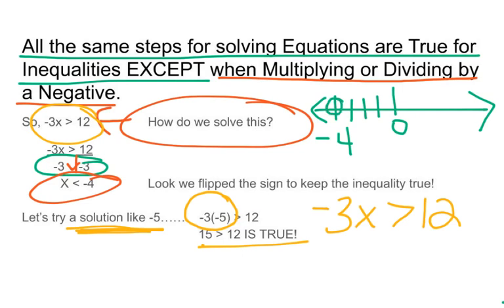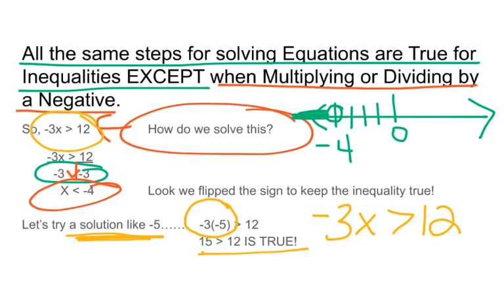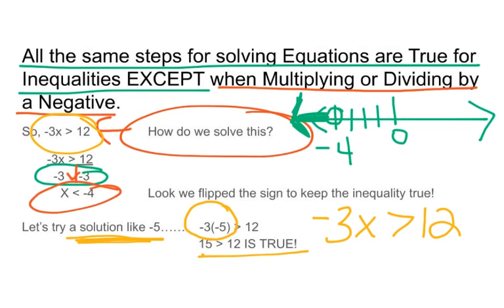But everything below that is allowed, so I'm going to shade that in, and that will go on forever and ever. Any number below -4 would work. -5 worked, but so would -6, -7, -8, and so forth.